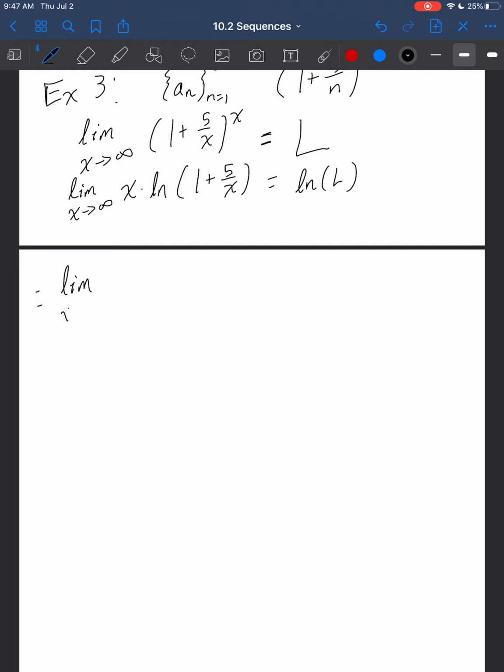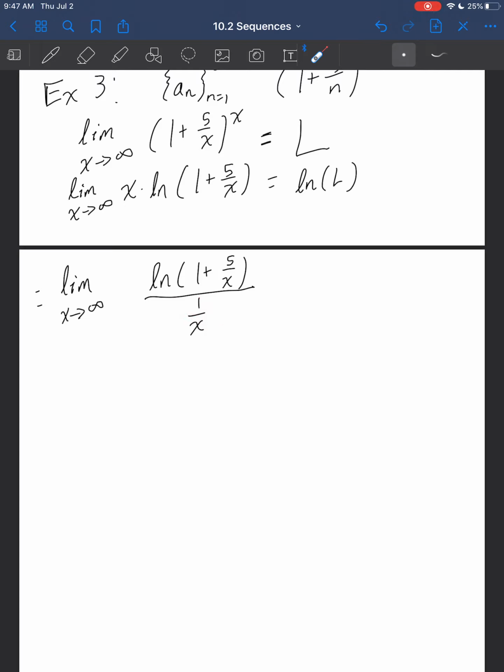And so what we do instead is say, okay, well, this is equal to the limit as x goes to infinity of the natural log of 1 plus 5 over x, over 1 over x. Right, it's the same thing, I just divided by the reciprocal of x, which is the same as multiplying by x. And the reason we do this, remembering back to Calc 1, is that it's going to give us this nice indeterminate form.